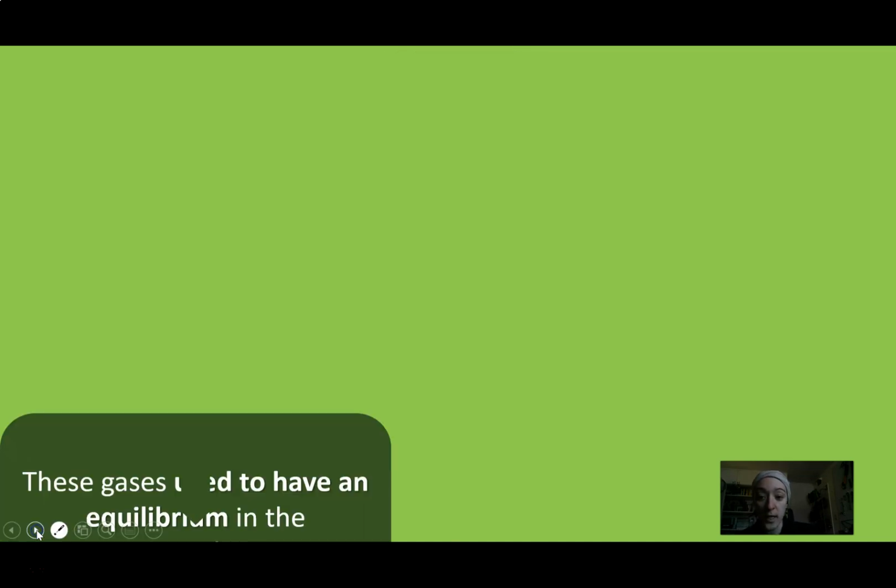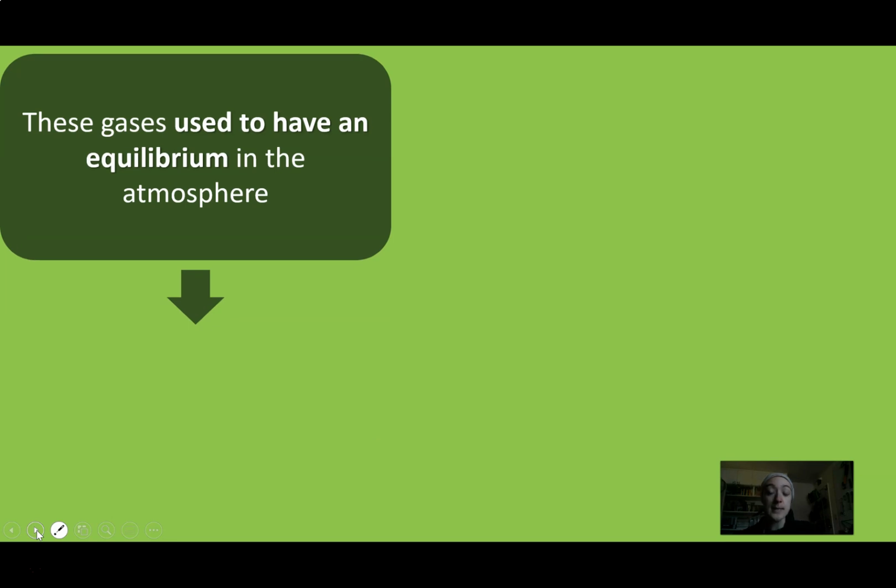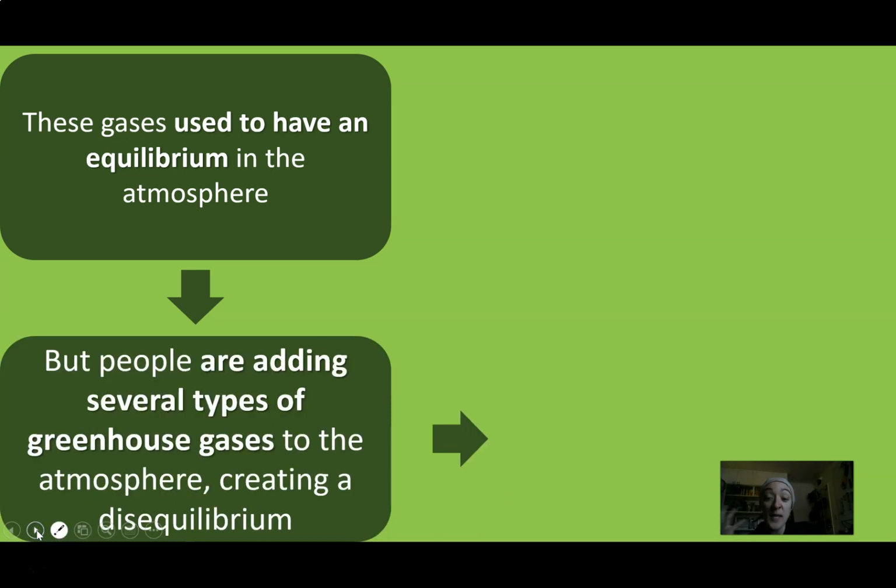Okay, moving on. So these gases used to have an equilibrium in the atmosphere. That means they used to be balanced in the atmosphere. But people, humans, humanity, we are adding several types of greenhouse gases to the atmosphere. So we're making it unbalanced.